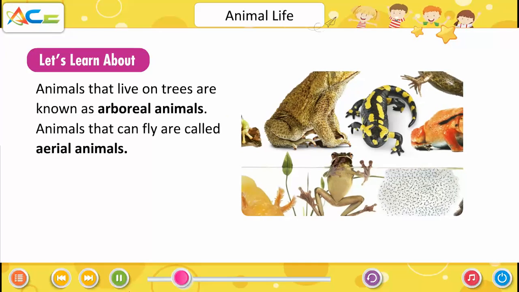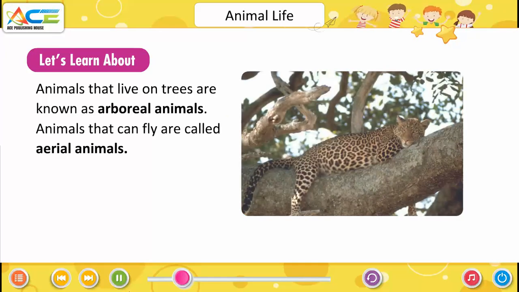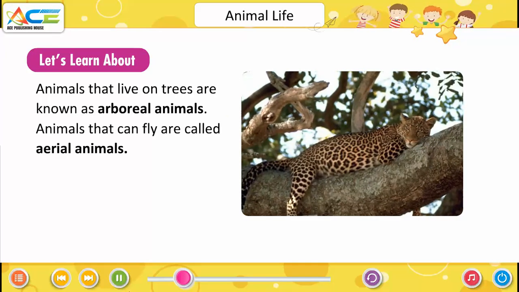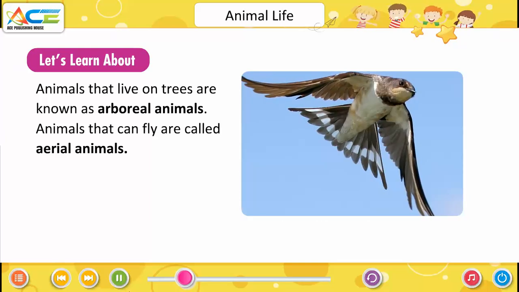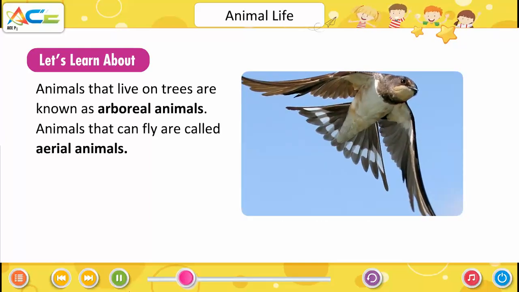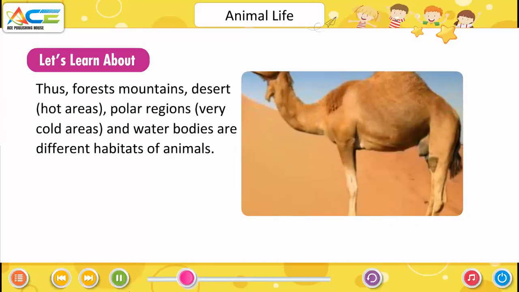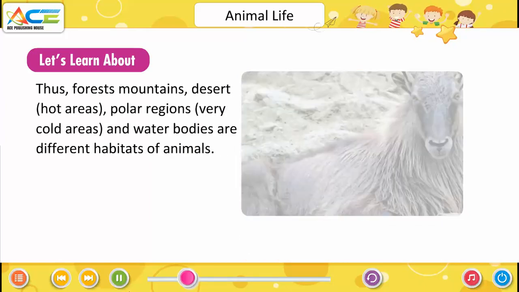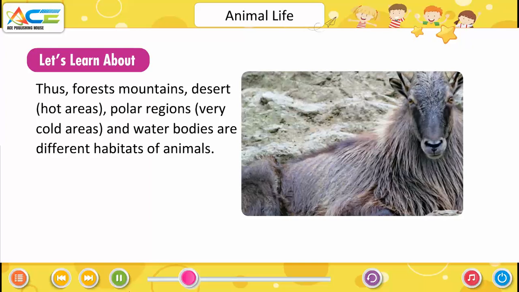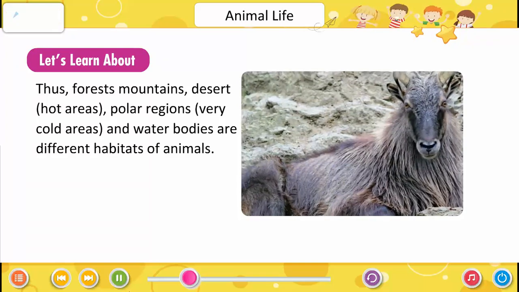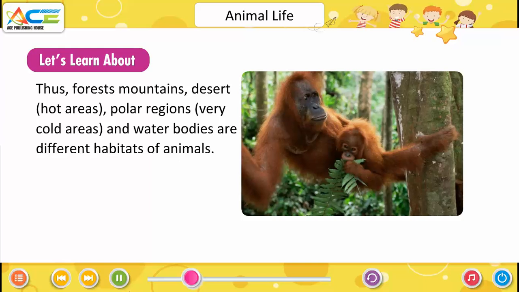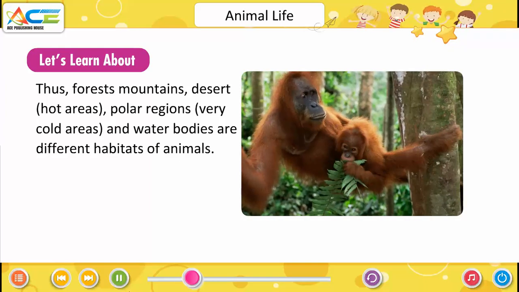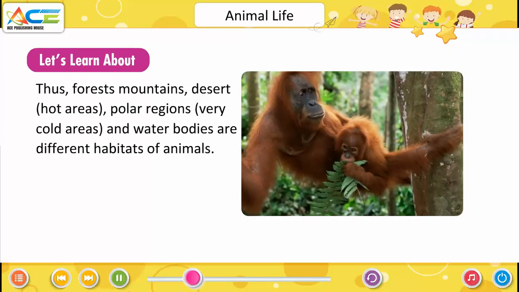Animals that live on trees are known as arboreal animals. Animals that can fly are called aerial animals. Thus, forests, mountains, deserts, hot areas, polar regions, very cold areas, and water bodies are different habitats of animals.